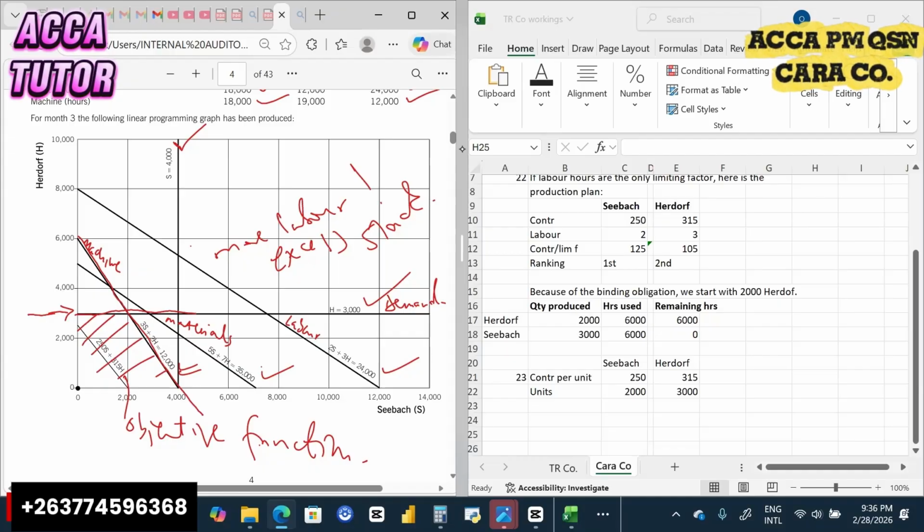So if we were to get more machine hours, was that going to stimulate demand? Obviously not. It was not going to increase demand, because the demand is already exhausted. So the availability of machine hours is not going to force the market to buy our head-offs, because we have already supplied enough.